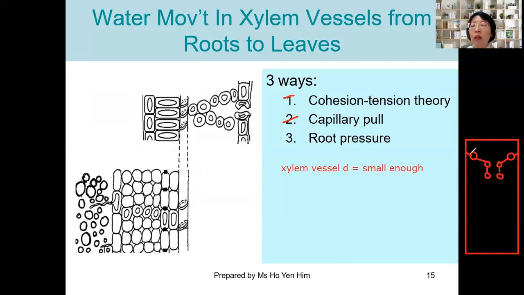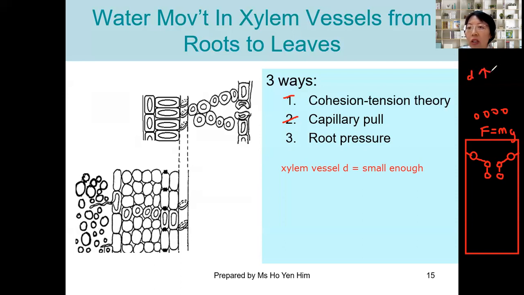Because of that, the xylem vessel cannot be very wide. When the xylem vessel is very wide, the center will contain even more water molecules, so the mass would have increased, right? Therefore, the force pulling the water molecules down by gravitational force, F equals mg, will be very high when the diameter is larger.